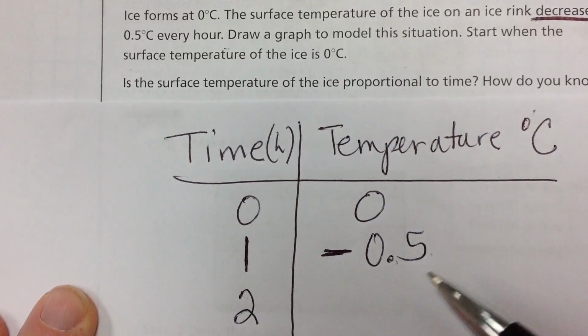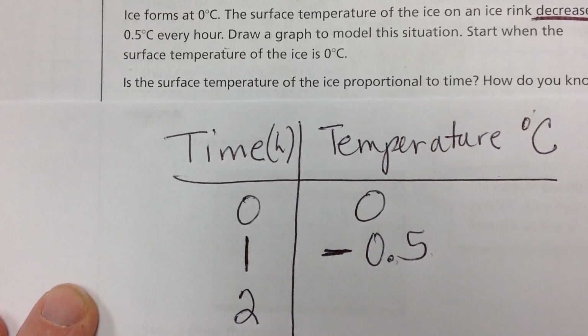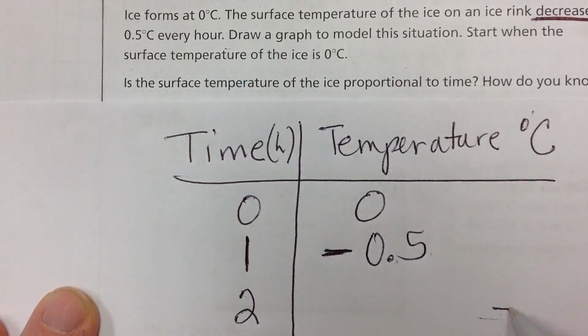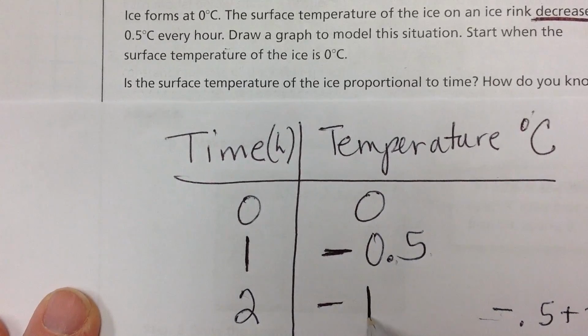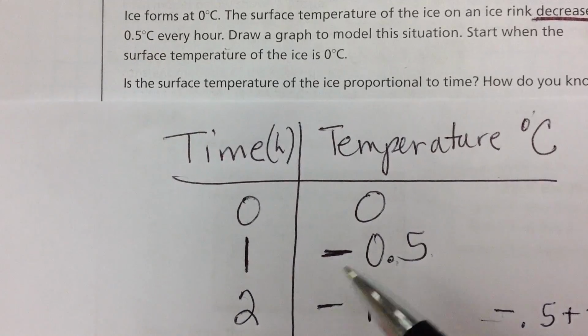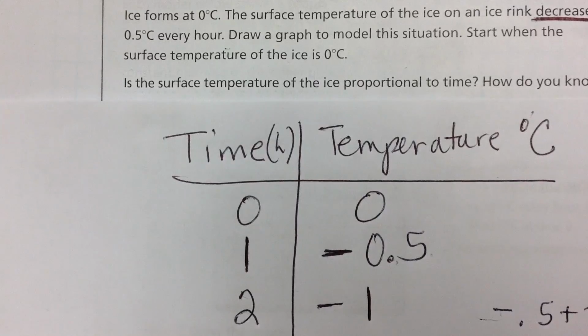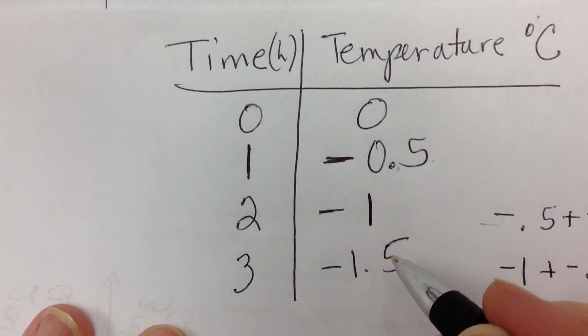After 2 hours, we're decreasing another negative 0.5. So you could add negative 0.5 plus negative 0.5. On your calculator, you get negative 1. At 3, you decrease another 0.5, so negative 1 plus negative 0.5 would give you negative 1.5.